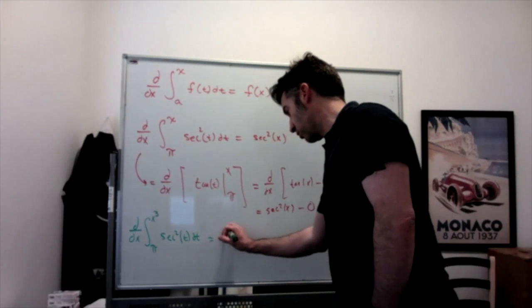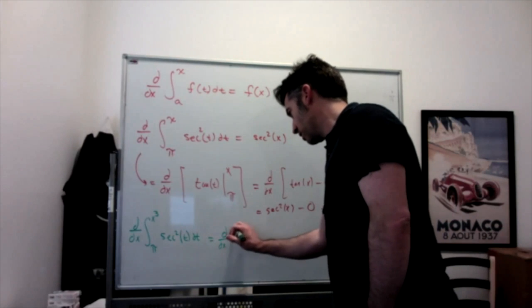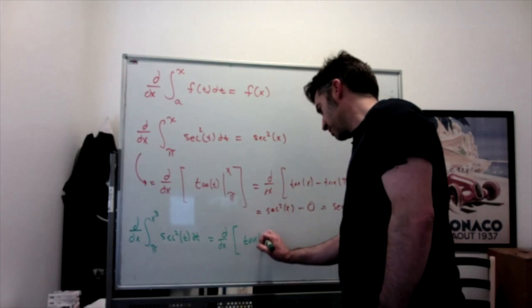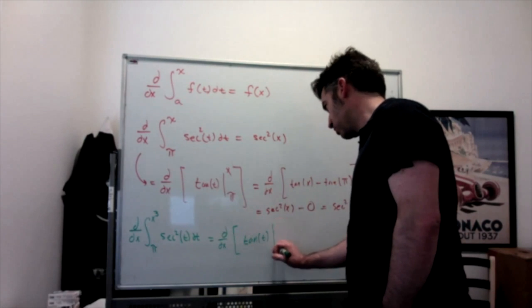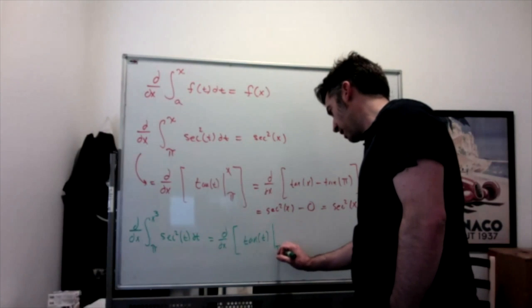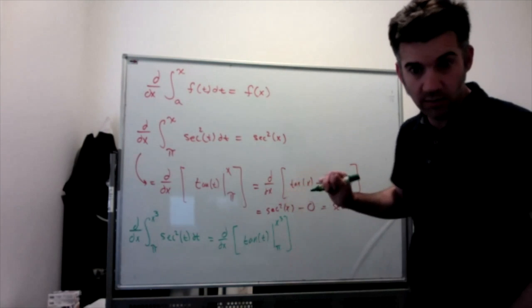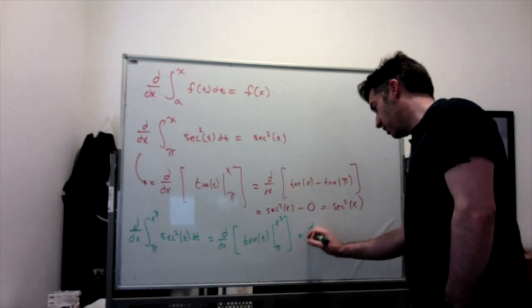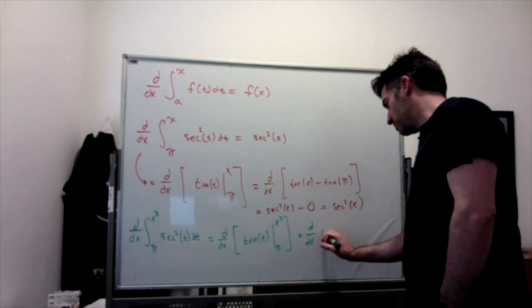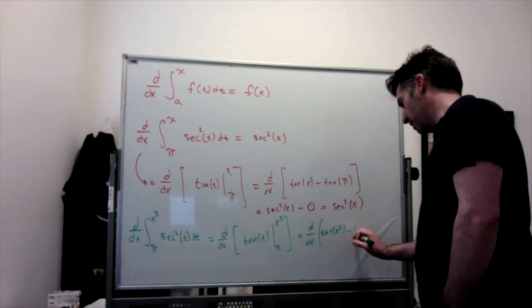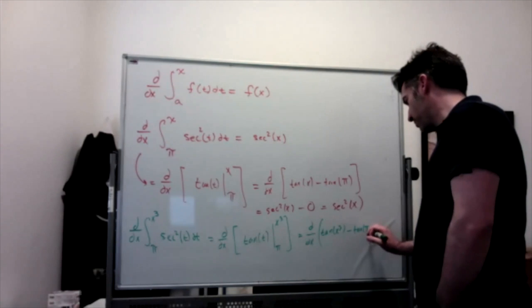So we're going to get the derivative of the antiderivative of secant squared, so tangent of t, evaluated between pi and now x cubed. Plug them in. So we still have the derivative of tangent of x cubed minus tangent of pi.